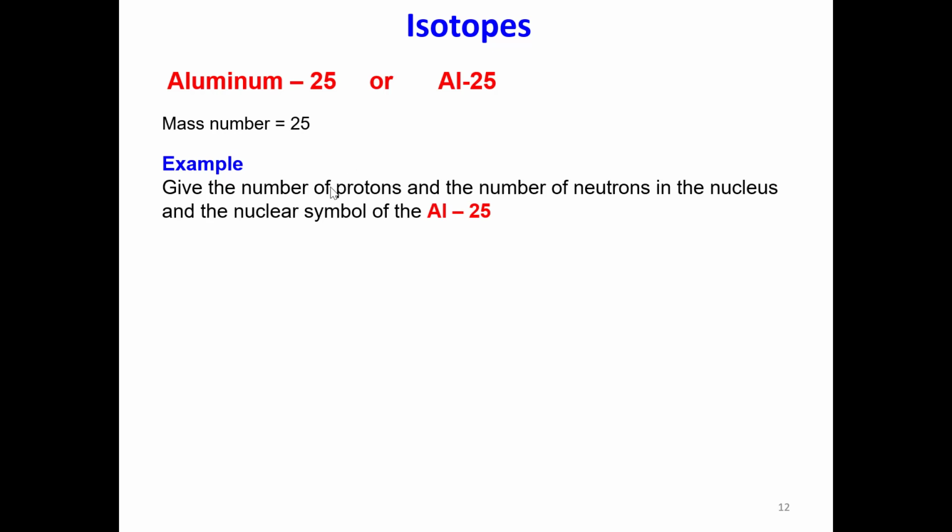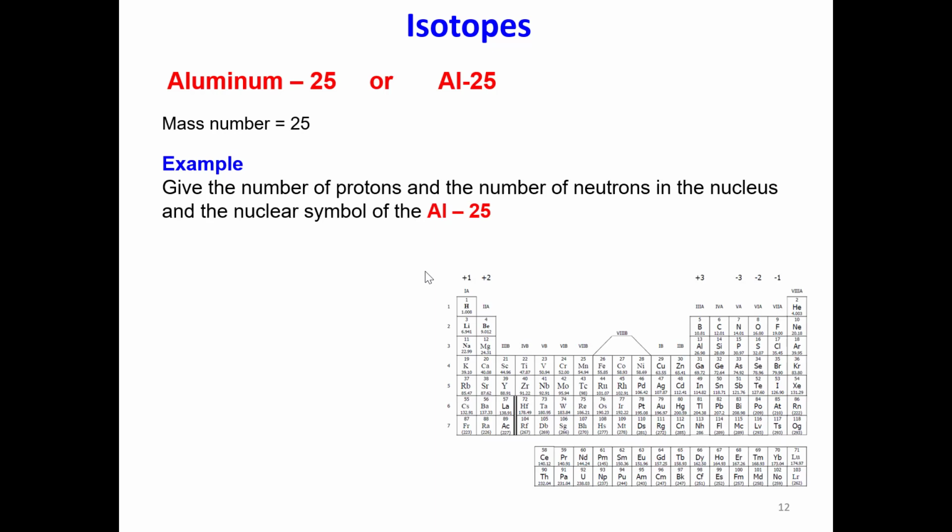In this example, we want to find the number of protons and the number of neutrons in the nucleus, and the nuclear symbol of aluminum 25. To do that, we need the periodic table. Why? Because we need to know the atomic number, and for aluminum, the atomic number is 13. It's this number we have right here.